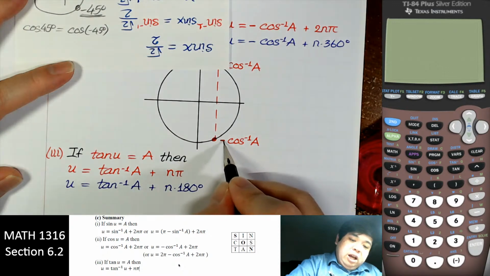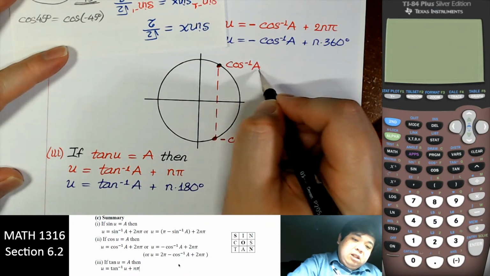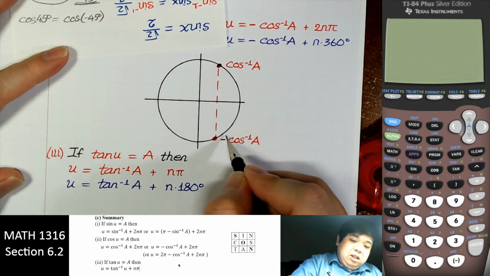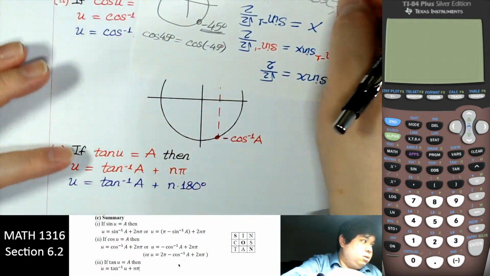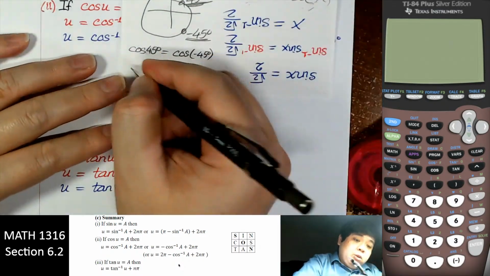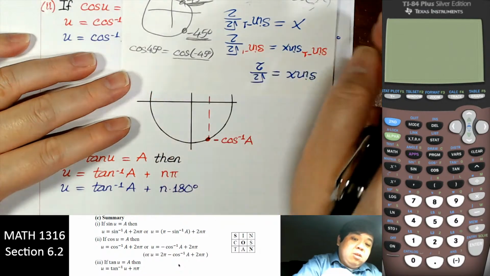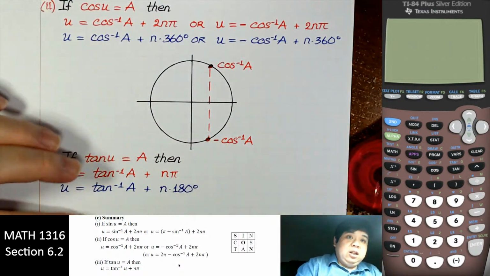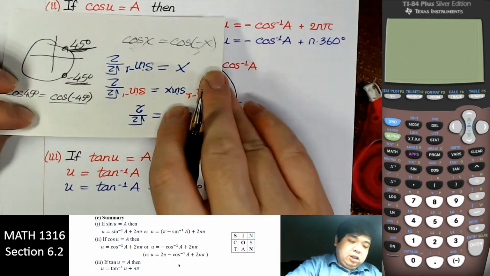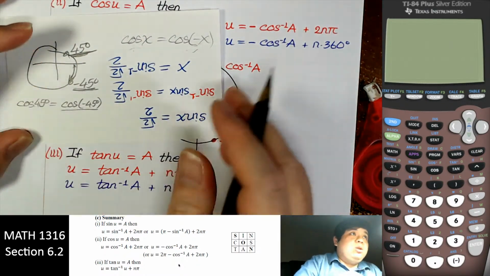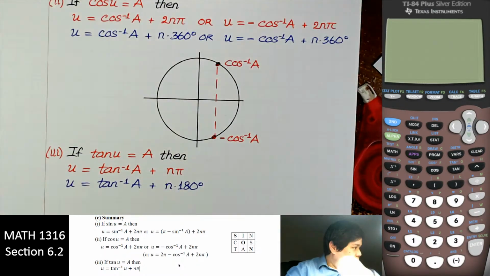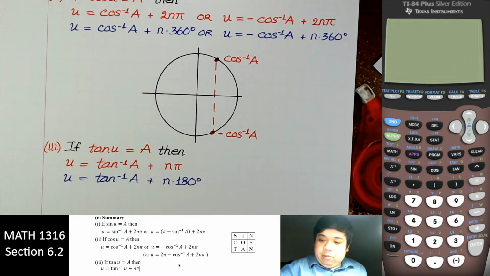So that's why we throw in the negative here, because this is an angle and this is the negative of that angle. So the value of cosine is positive, but the angle is negative in quadrant 4. So we go clockwise, so it's negative.